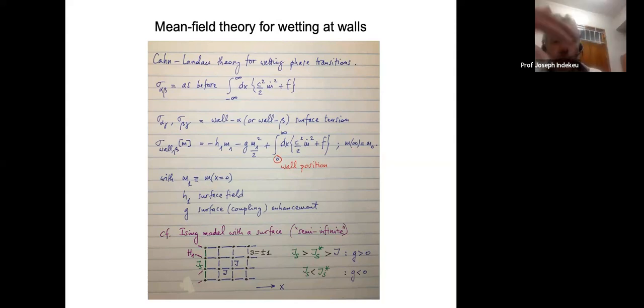We're not going to do that here, but we're just going to content ourselves with the insight that the physics we're going to draw from this Ising model symmetric calculation is very useful and very representative for a class of systems to which also liquid-vapor belongs and the binary liquid mixtures belong.